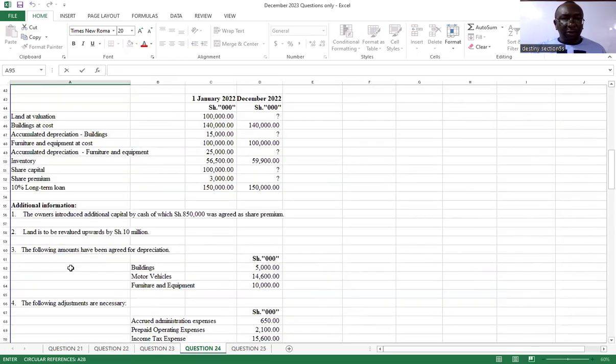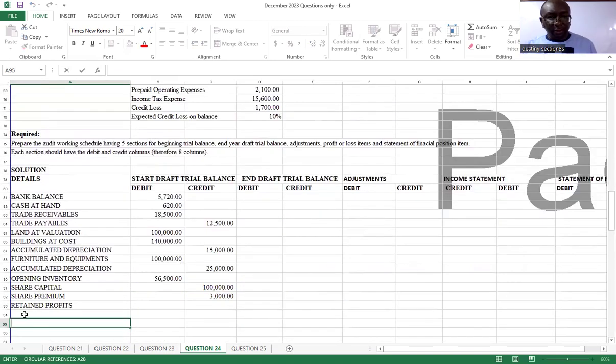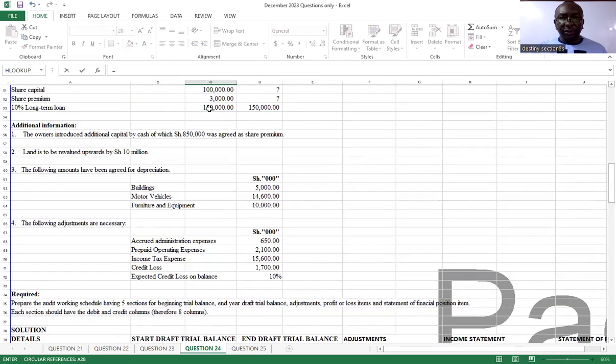Then we go for 10% loan stock. So we come here, 10% loan stock. Now this one should be a credit balance, loan stock should be a credit balance here.